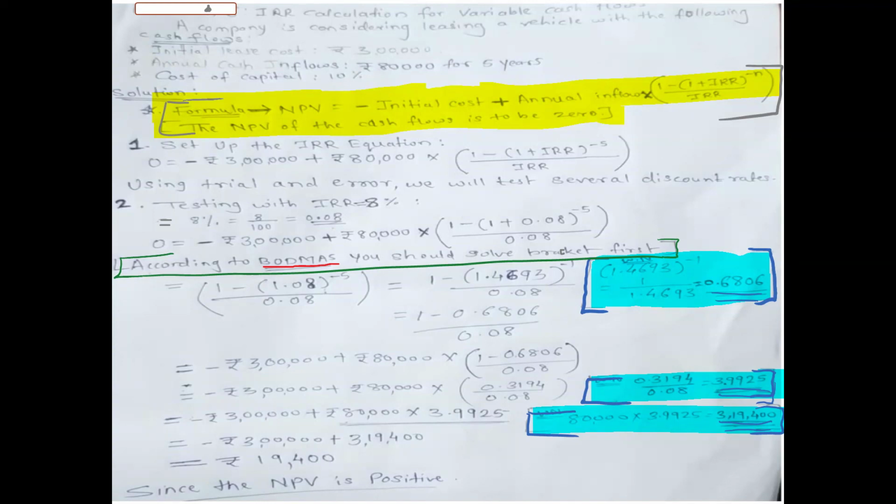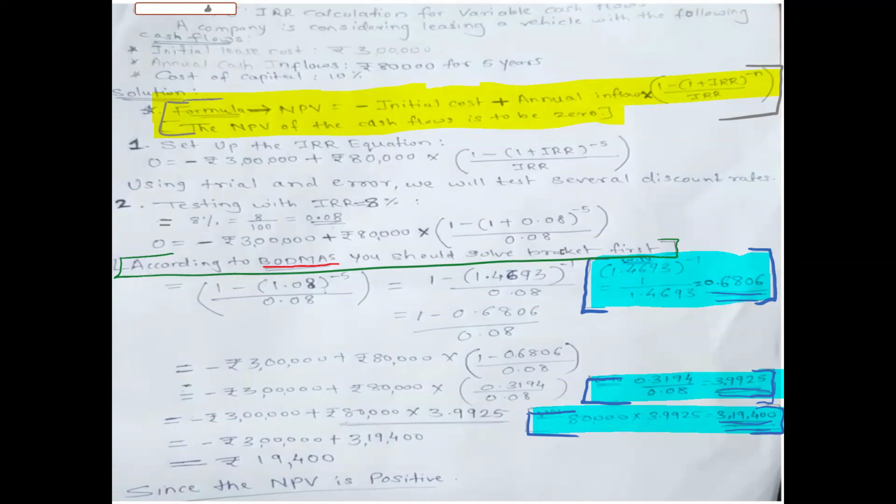The answer will be 3.9925. So again we take minus 3 lakh plus rupees 80,000 into the answer which we have got, which is 3.9925.